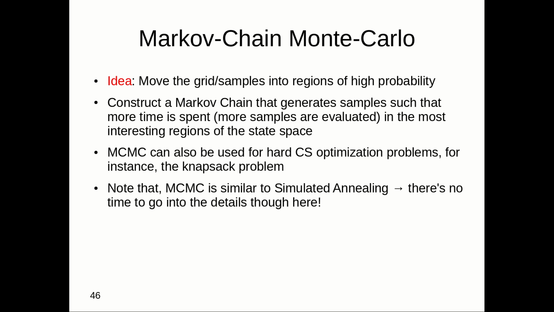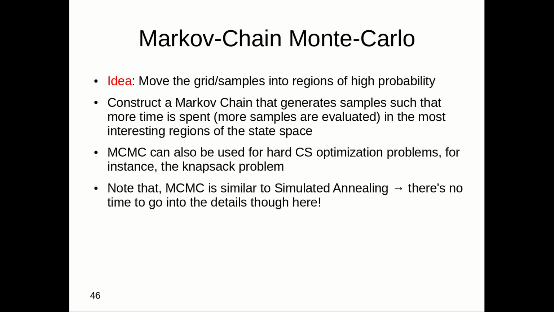Here, this Markov chain is completely unconnected to the Markov chain model that we use for nucleotide evolution, right? The Markov chain that we use for nucleotide evolution is part of the model, whereas the Markov chain that we use here is part of the numerical integration procedure. So this is very important to distinguish. Of course, the general properties of Markov chains still hold.